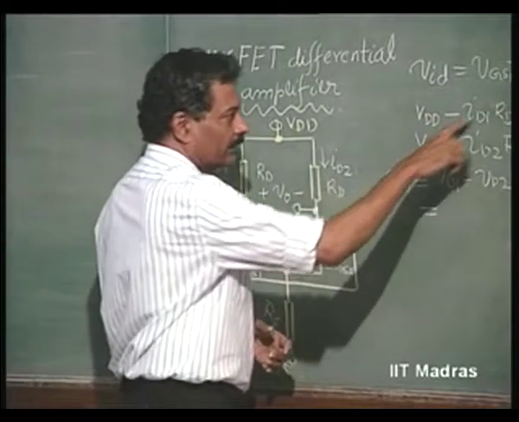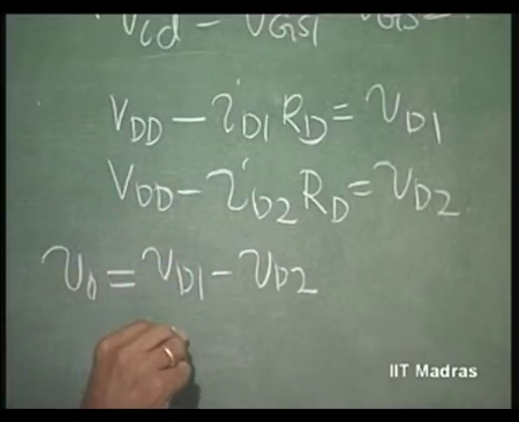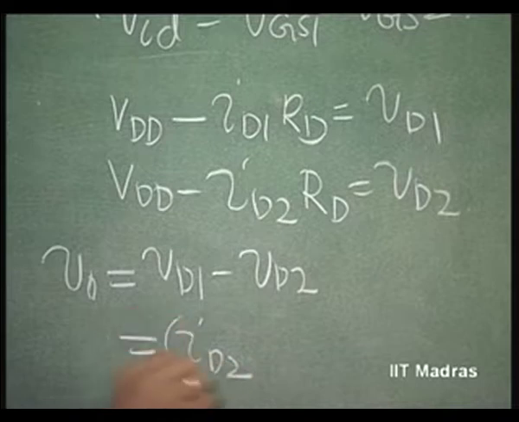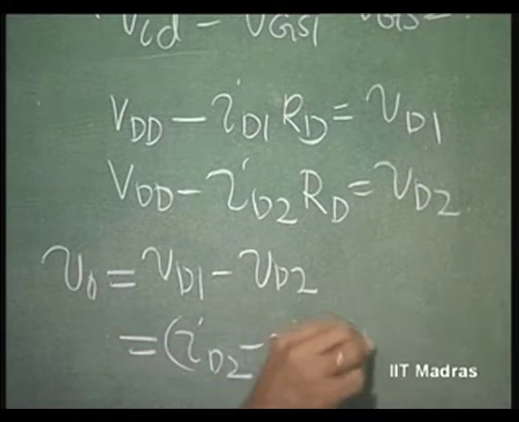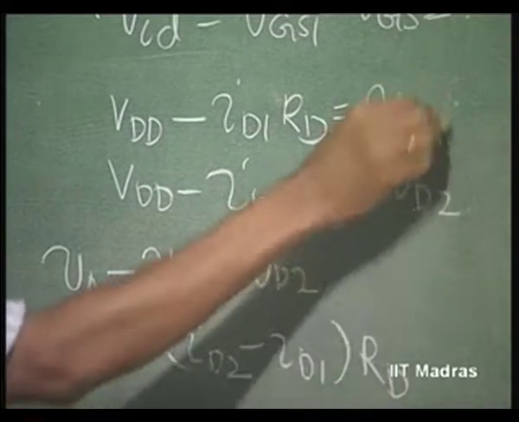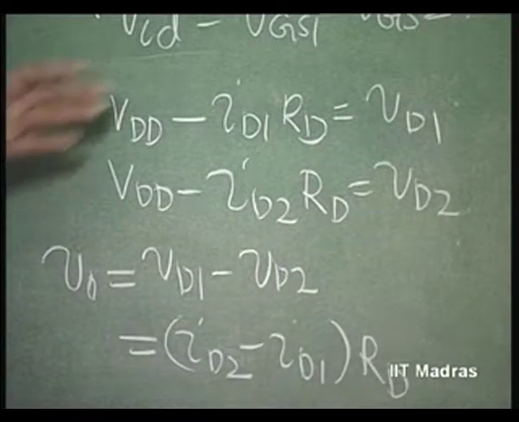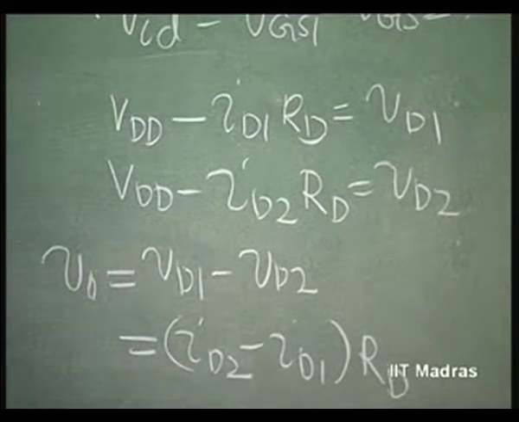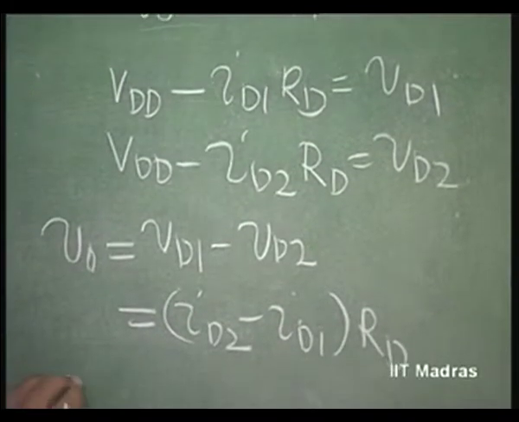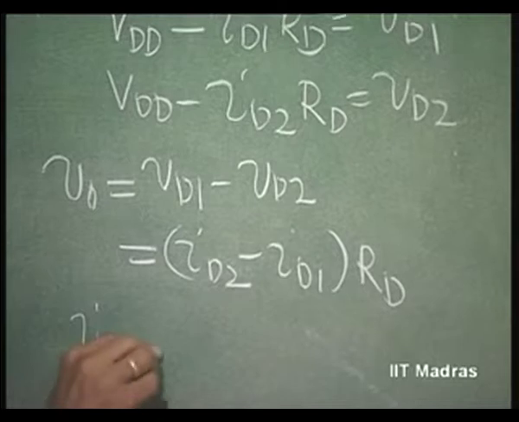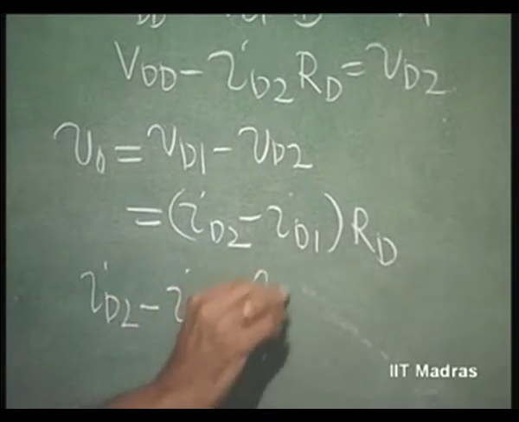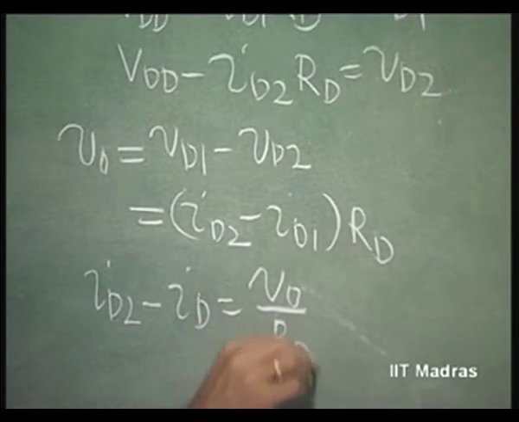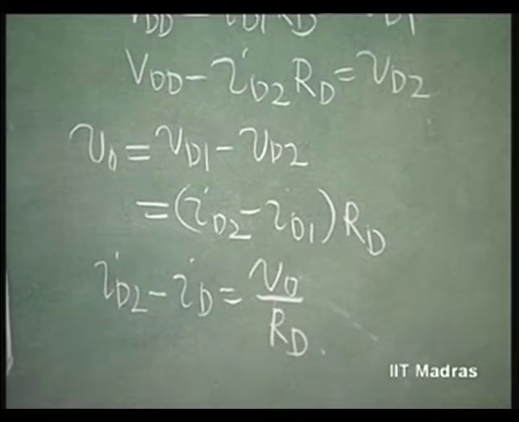let us see, it is ID2 minus ID1 into RD from these two equations. VD1 minus VD2 is ID2 minus ID1 into RD. So, we have ID2 minus ID1 equals V naught by RD, an important equation.